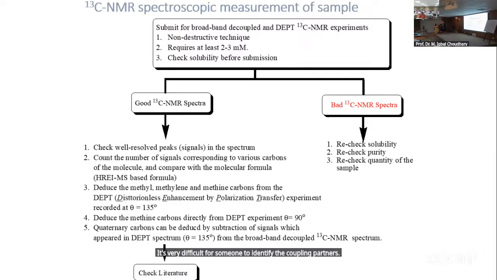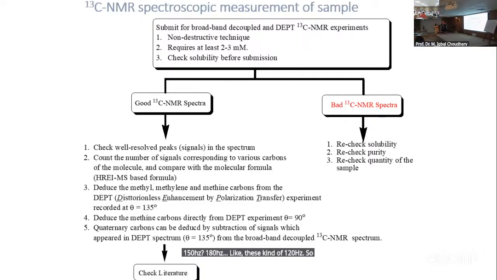The peaks of the doublets and triplets have big J values. In proton NMR, we have J values sometimes of 1 hertz, and the maximum we go to is 18 or 19 hertz. In carbon, we have J values in the hundreds: 150 hertz, 180 hertz, 120 hertz.